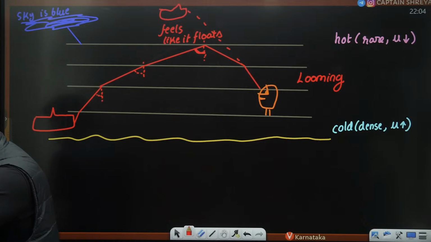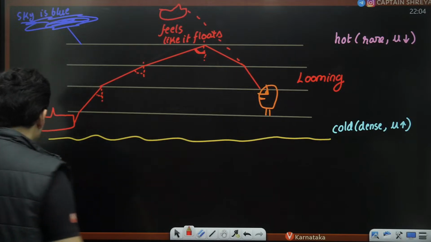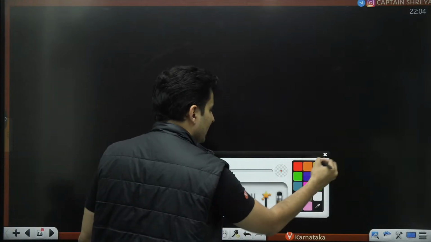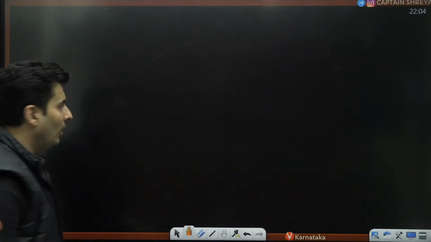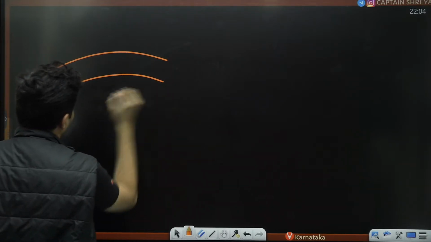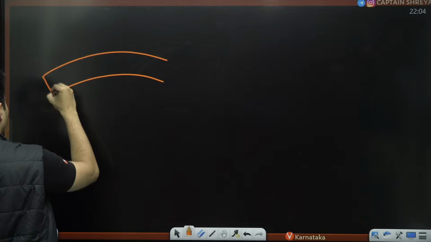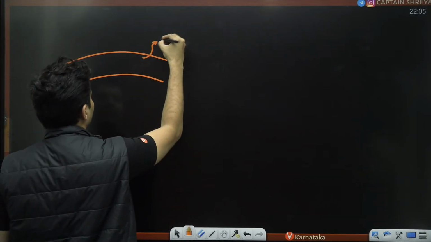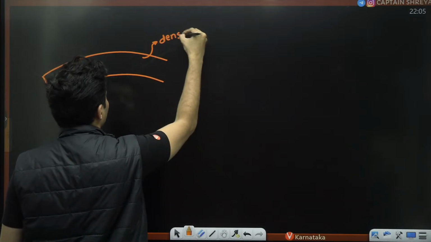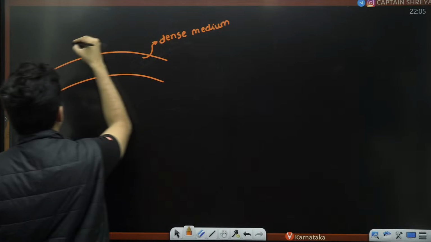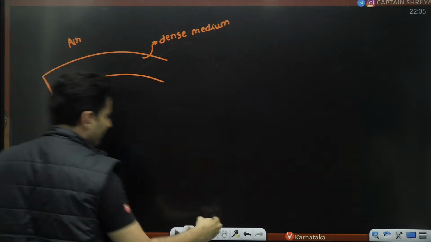Interesting? Understood? Very cool. In fact, you also will see that the functioning of optical fiber cable is also based on the phenomenon of total internal reflection. This is basically a dense medium, and there is air, of course, outside.